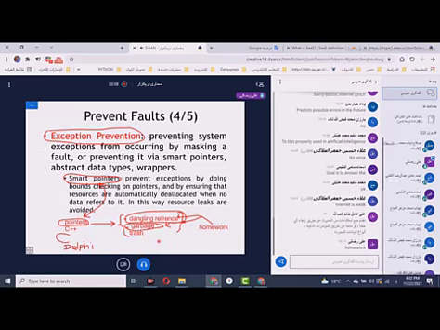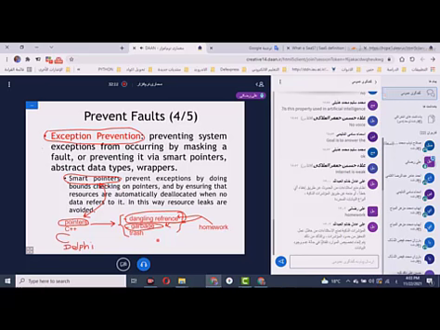But here, as a recap, I can tell you that using exception prevention tactics like smart pointers helps you to eliminate the probability of creating an exception. By using these tactics, we can be 100% sure that some specific kinds of exceptions will not occur in the system. Okay, any questions?